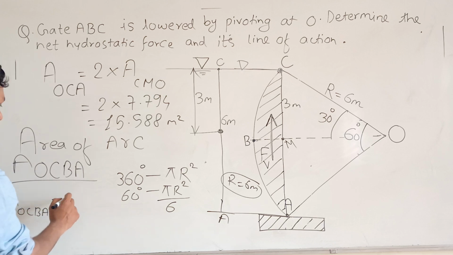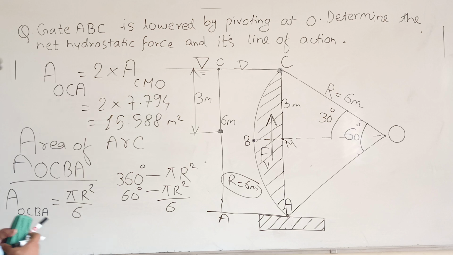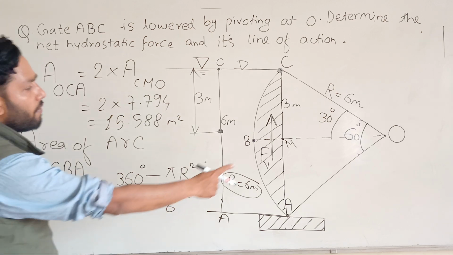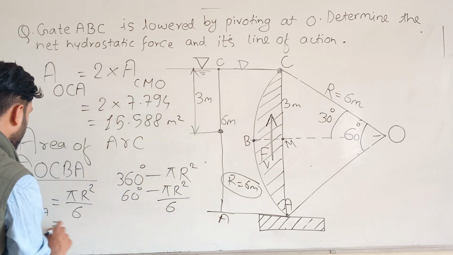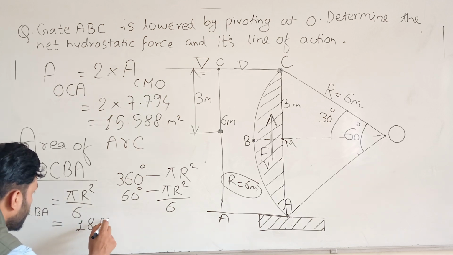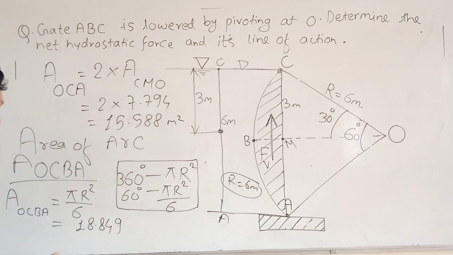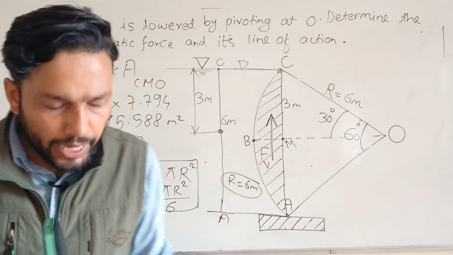If you put the value of r here, you are going to get the area of the sector OCBA as 18.849.